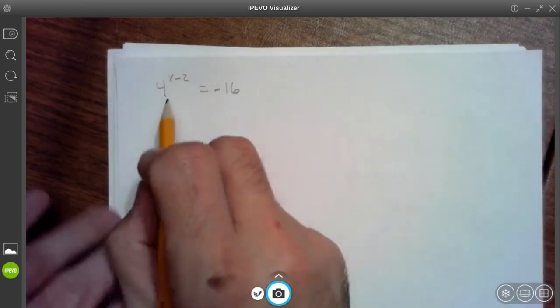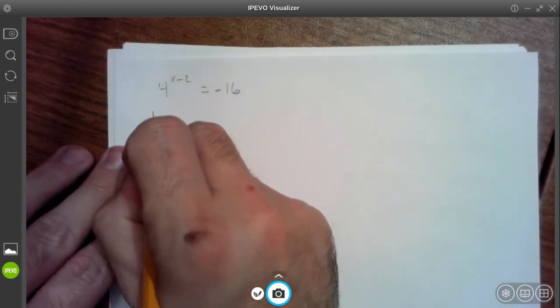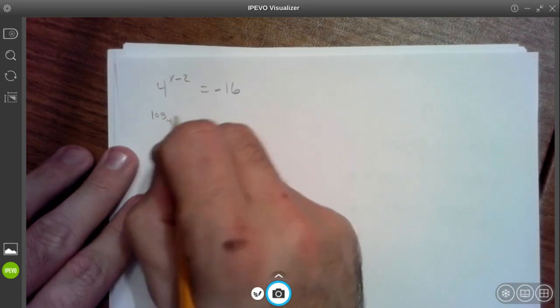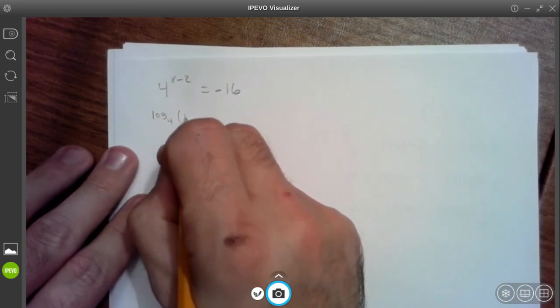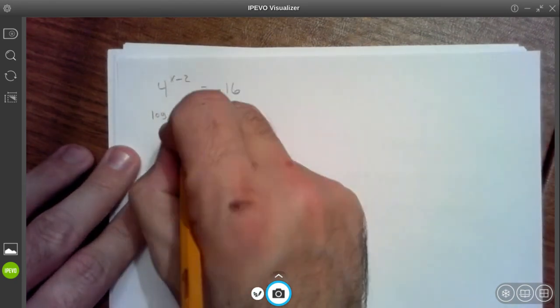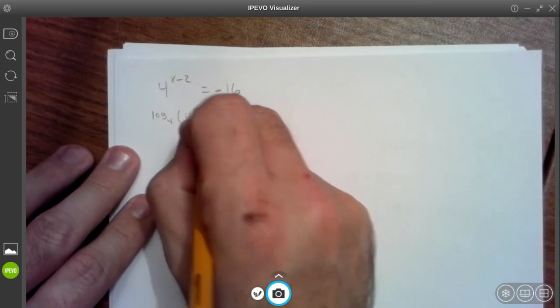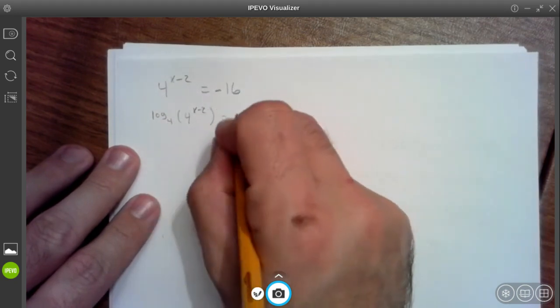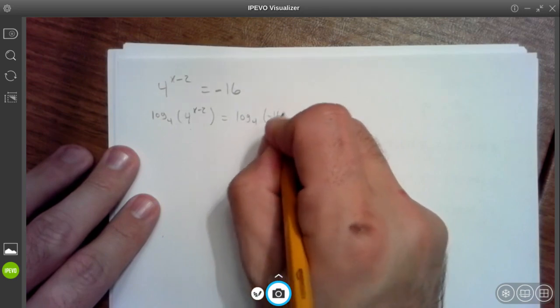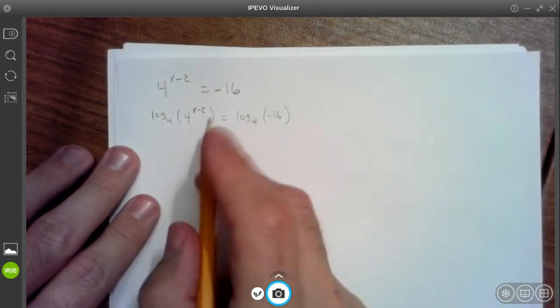So let's say I don't know that, and I go ahead and take log base 4 of both sides. Okay, log base 4 of 4 to the x minus 2 and log base 4 of negative 16.